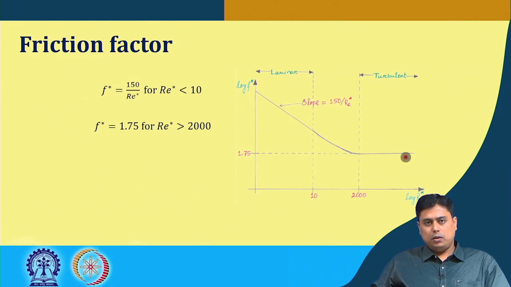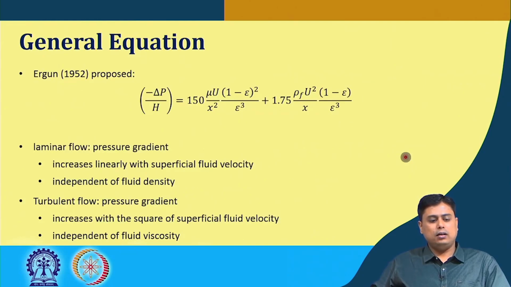So, that means the Ergun equation can be used for the complete flow regime, be it laminar or turbulent, and we will see afterward that automatically one of the parts becomes important in either laminar or turbulent cases. The contribution is more in one of the cases, as we will see when we solve some problems related to this.